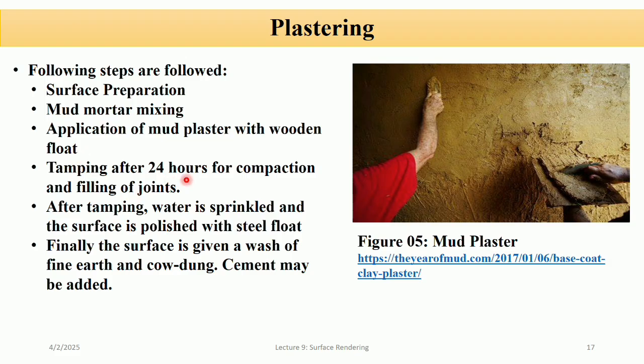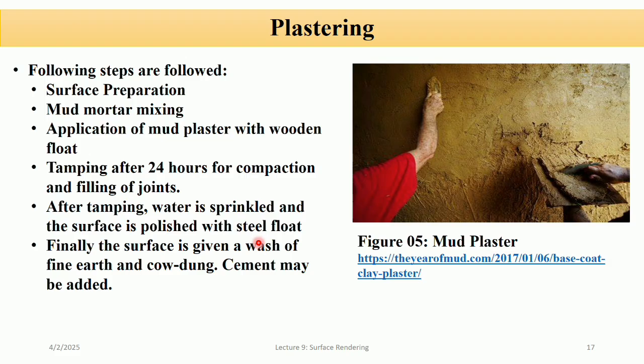After 24 hours, the surface is tamped. The function of tamping is to compact the layer and to drive it deep into the joints. It helps to avoid the development of cracks due to hollows. After tamping, water is sprinkled and the surface is polished with a steel float.